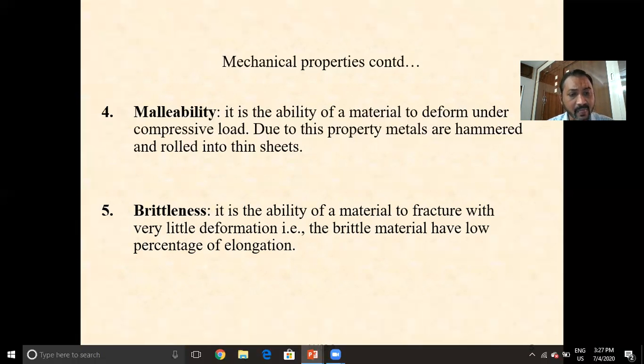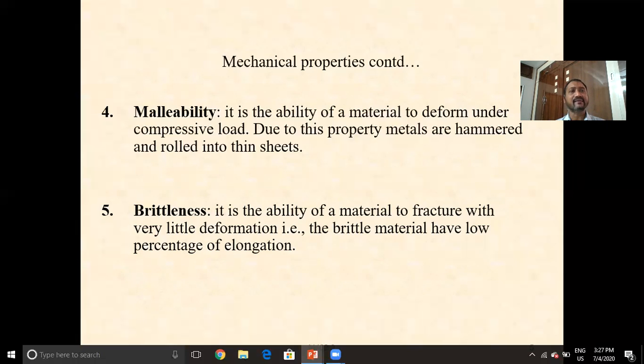The next one is brittleness. Brittleness is the ability of a material to fracture under the action of load without much deformation. That means the material will be broken into two parts with a very little amount of force.